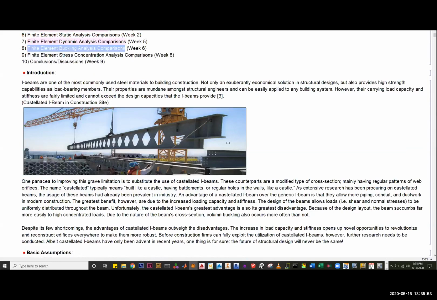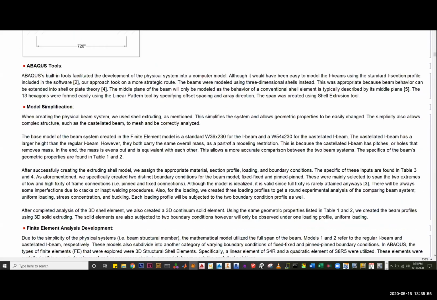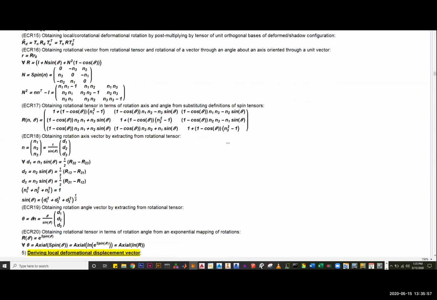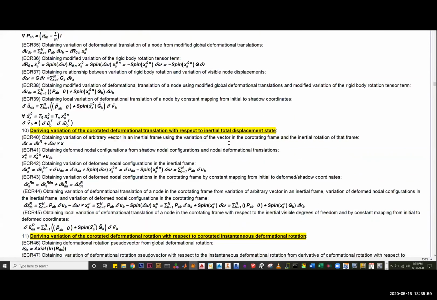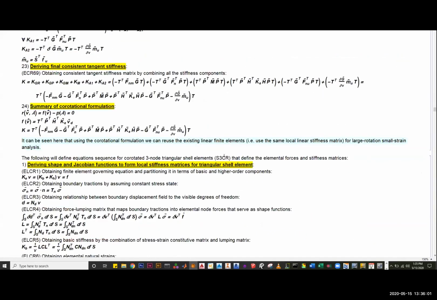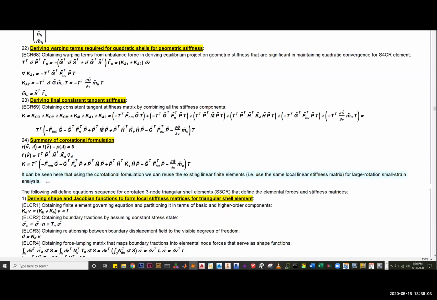But before that, I remember there was a question on the elemental stiffness, and I did some reading on that, so I finally have an answer. After you do all the formulation, I'm now going through the finite element.